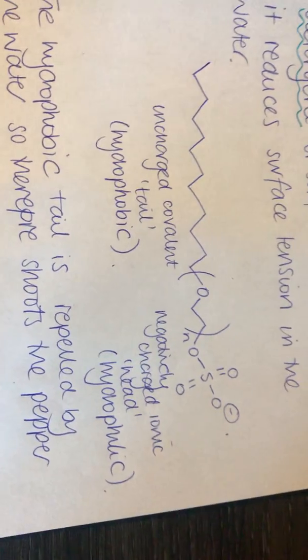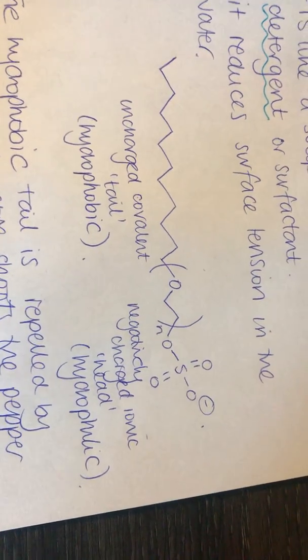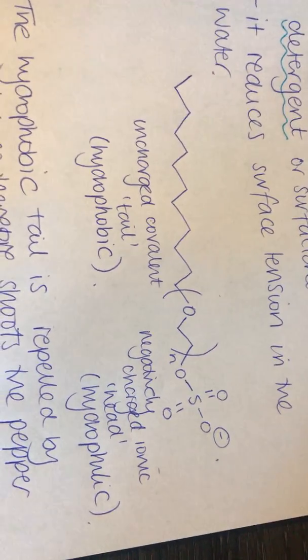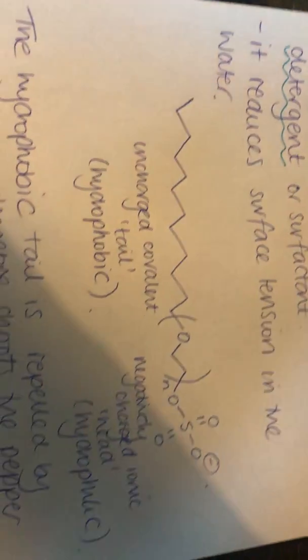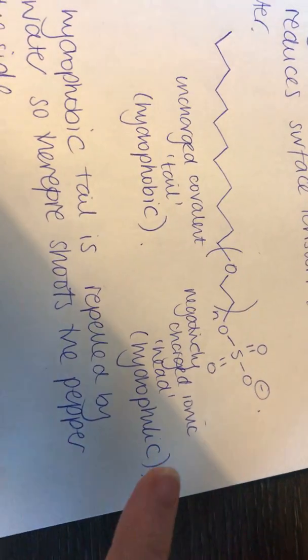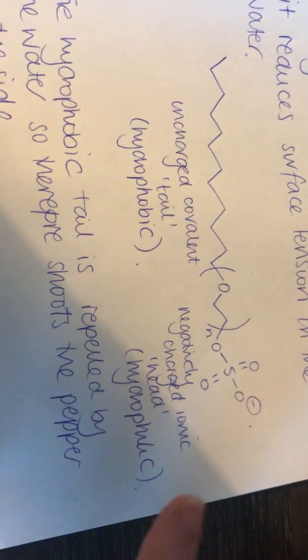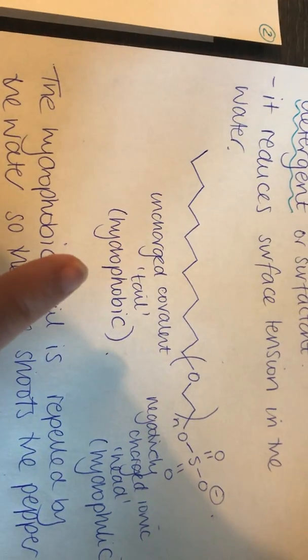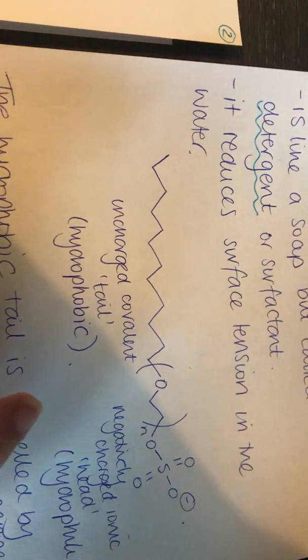So as you can see here, I've got an example of what sodium lauryl sulfate looks like. And as you can see, we've got a negatively charged head here. And it is hydrophilic because it is negatively charged. And then an uncharged covalent tail, which is hydrophobic.